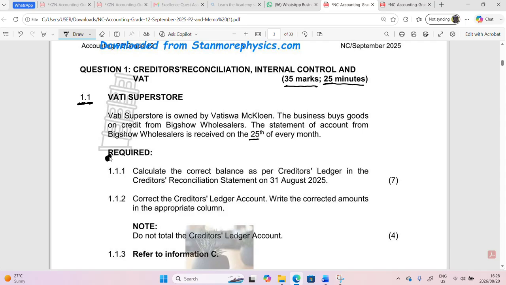Two, any payments that we have made to our supplier for goods bought on credit. If we have received a discount from our supplier, the discount must be recorded there. If we have returned any goods to our supplier, that statement must show those items. What are we required to do before we can read what is required?